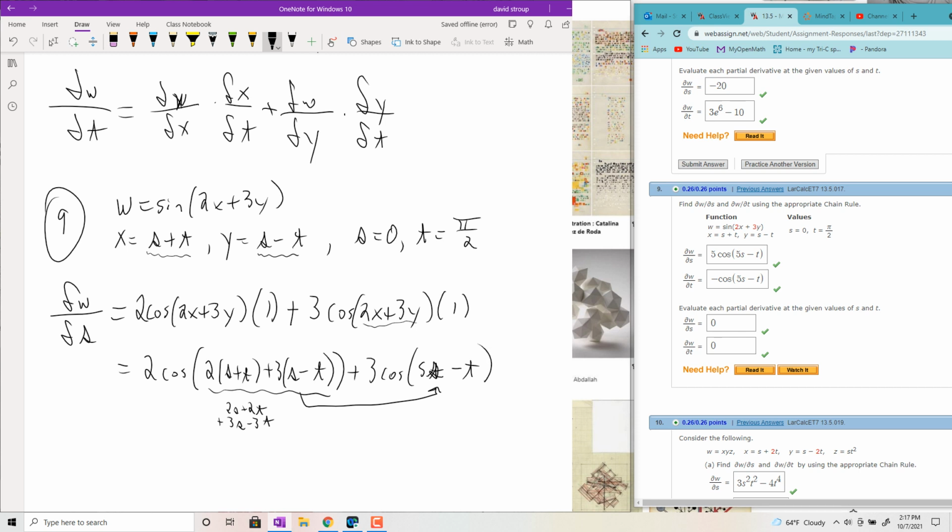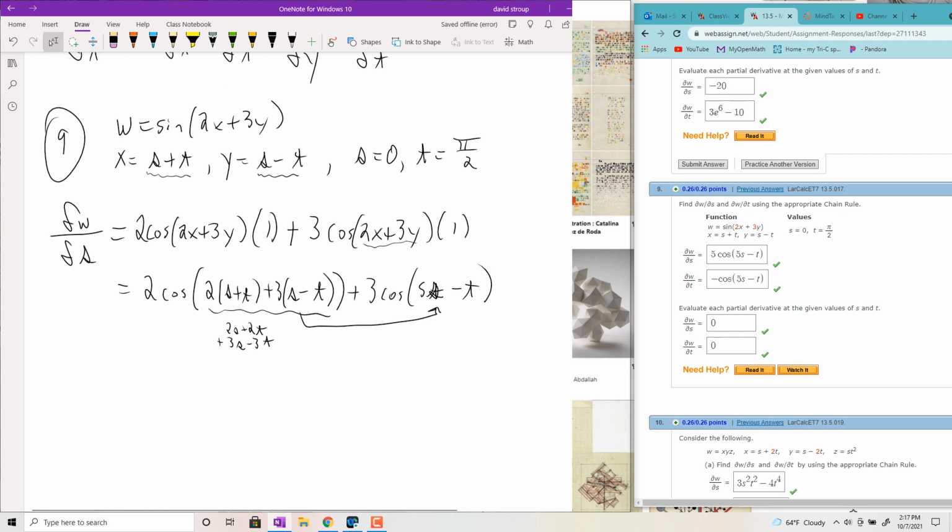And then I need to plug in my values, so I'd have 2 cosine of 5 times 0, which is just 0, minus pi over 2, plus 3 cosine of minus pi over 2.